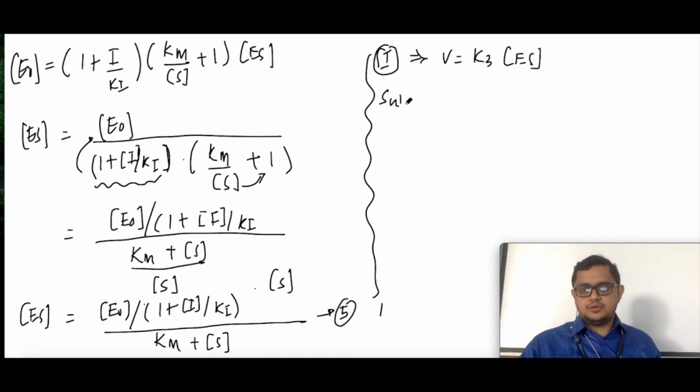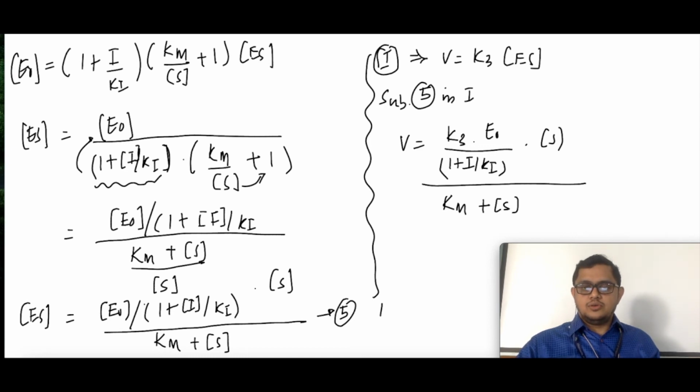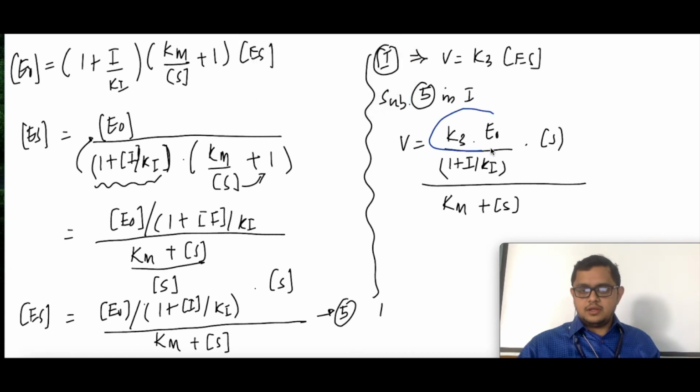So substitute 5 in it. So it becomes V is equal to K3 into E naught divided by 1 plus I by Ki into S whole divided by Km plus S. So we know that K3 into E naught we substitute as Vm.